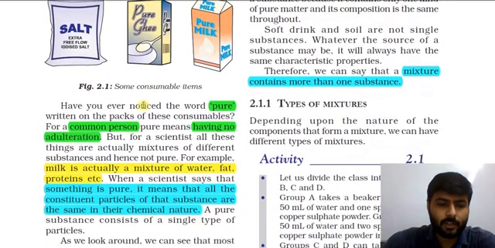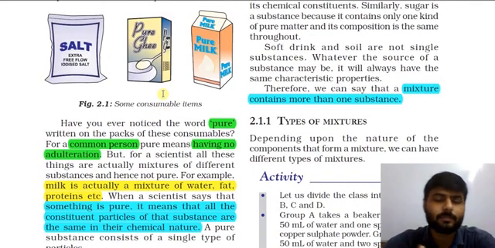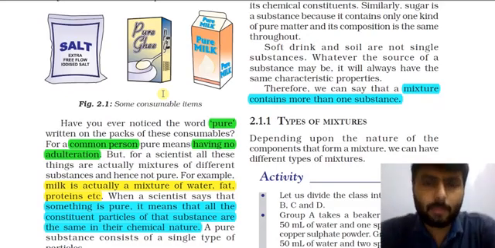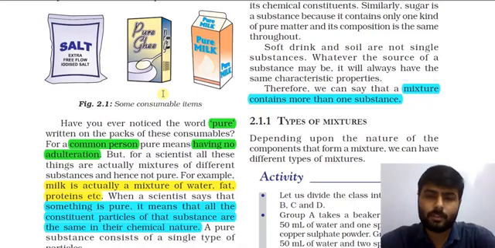Have you ever noticed the word "pure" written on the packs of consumables? We purchase lots of consumables, milk, ghee, salt, etc., and on those packs they have written the word "pure".